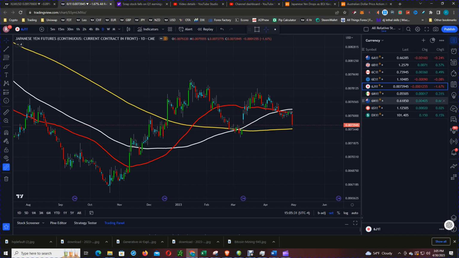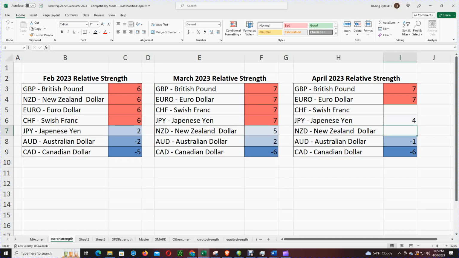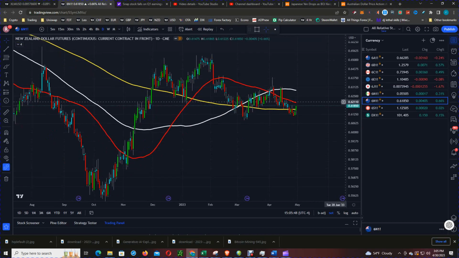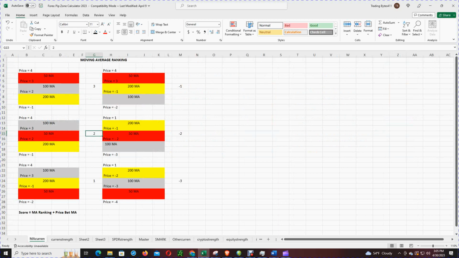Go back to the chart. I don't analyze the peso, so what's next? The New Zealand dollar. So we have the 100, 50, and 200, and price is between the 50 and the 200.